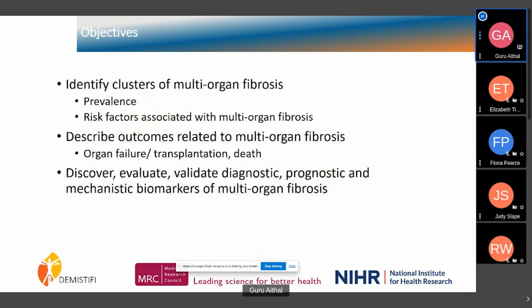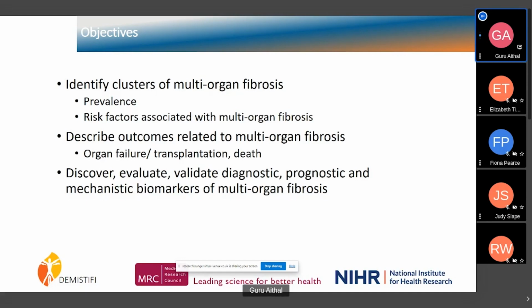So our objectives are to identify clusters of multi-organ fibrosis and find out how common they are, and find out risk factors associated with them, and then see what happens in the long term for them. What kind of sequence in which more serious events develop, like failure of organs, lung or liver or other organs, and needing major interventions like transplantation or leading on to death.